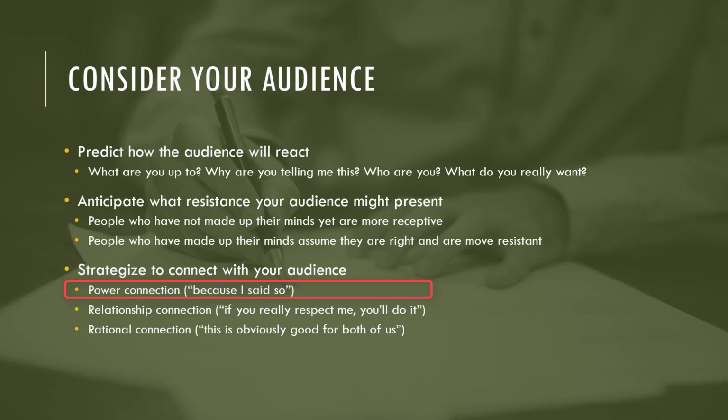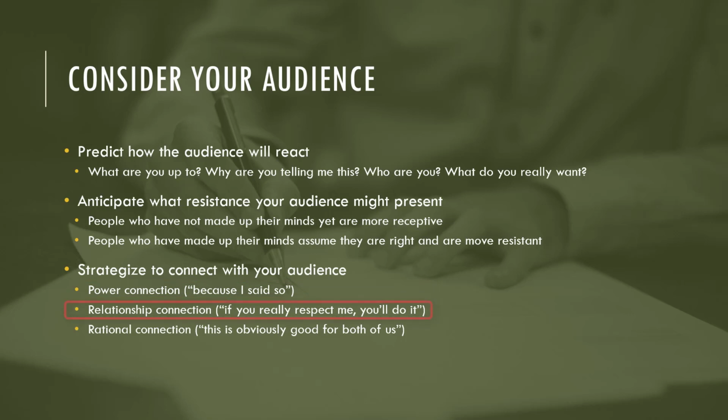Okay, in most instances. If you are the CEO of a really big corporation, maybe people will just take you at your word. Oh, maybe not. But the power connection is that you try to connect with them by saying you should do this because I tell you to do this. And it's just not as strong of a connection.